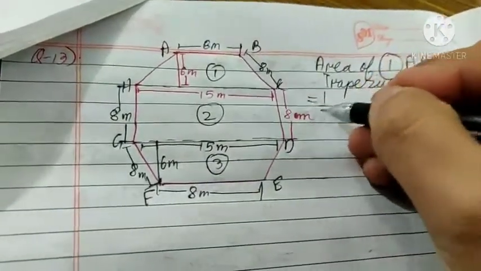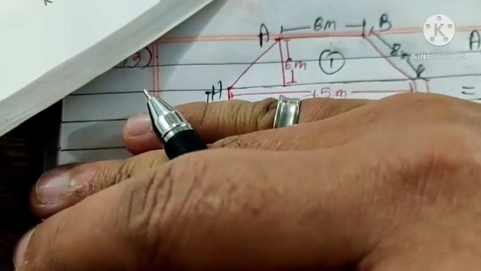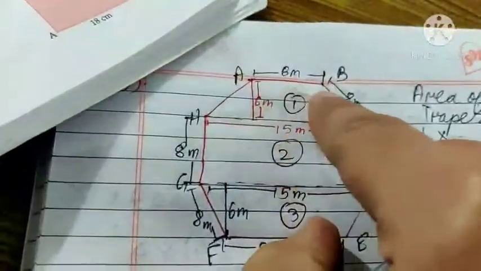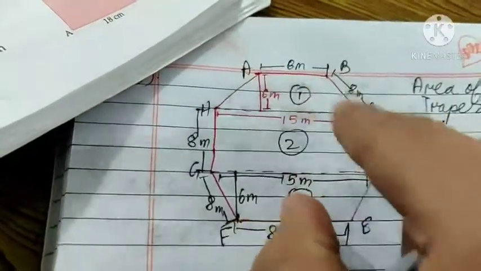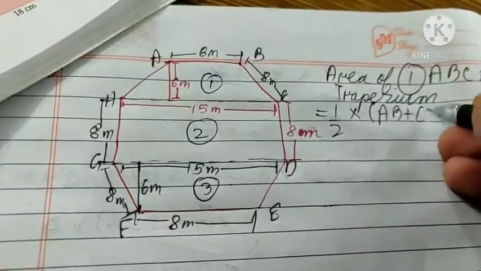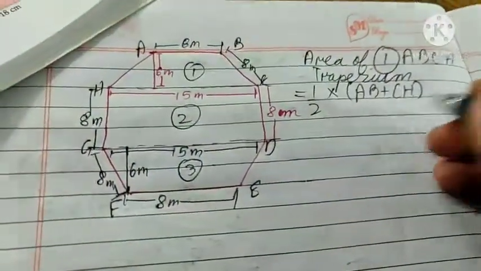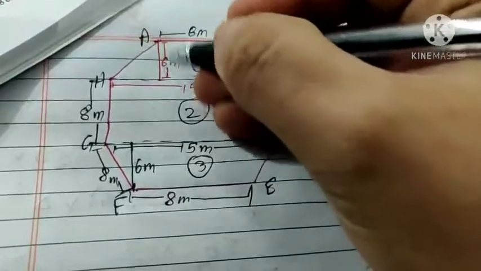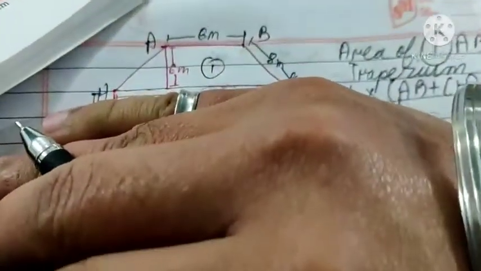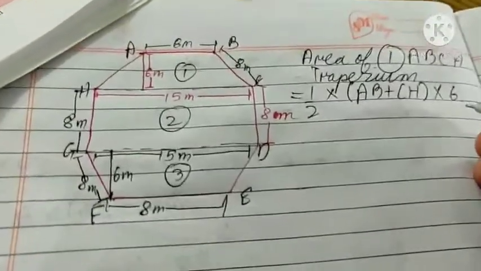So area of trapezium is half into sum of parallel sides. So what are the parallel sides in this trapezium? Parallel sides are AB and CH. So AB plus CH. Now the distance between the parallel sides is given as 6.